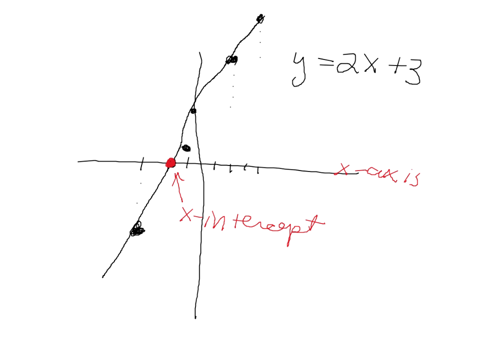Now we can have more than one x-intercept. And under certain conditions we can have more than one y-intercept. The point where the graph crosses the y-axis is called the y-intercept.